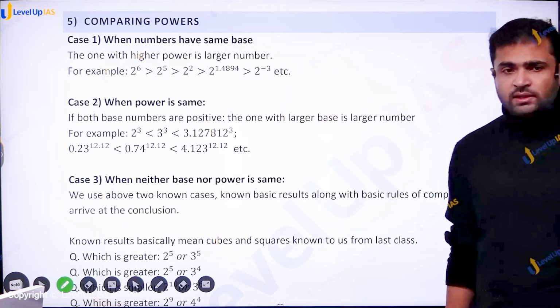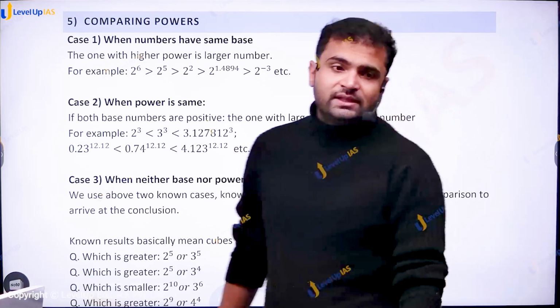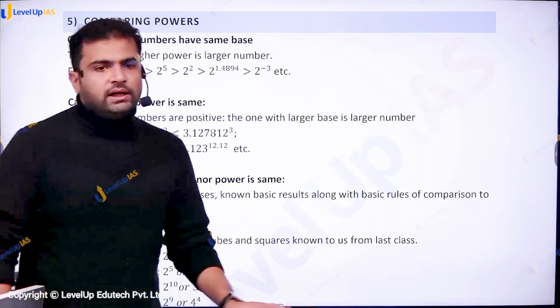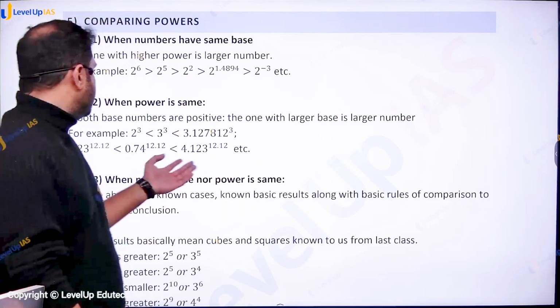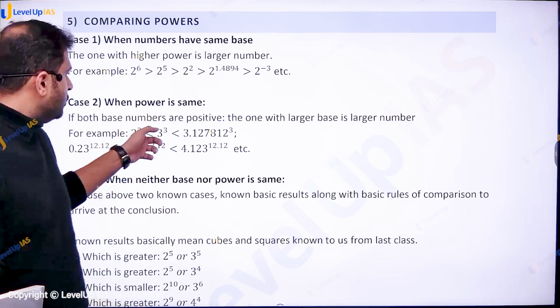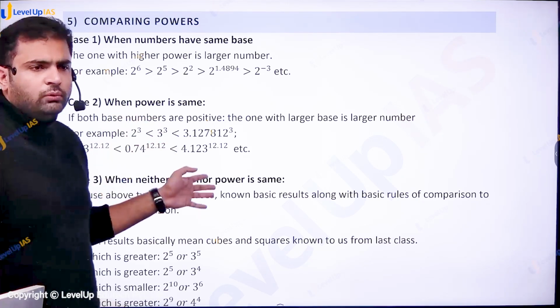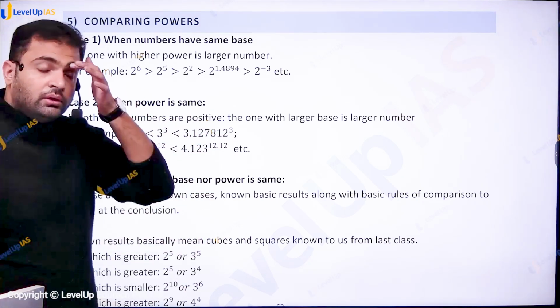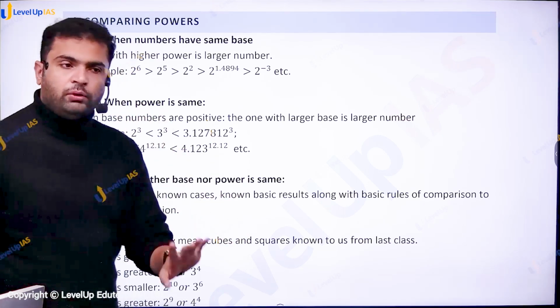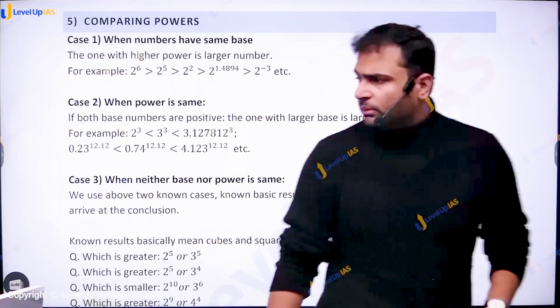Then the second case was, if the power is the same, the higher the base, the higher the number, right? So 2 raised to 3 would always be smaller than 3 raised to the cube. Again we are talking about positive powers, not negative powers.